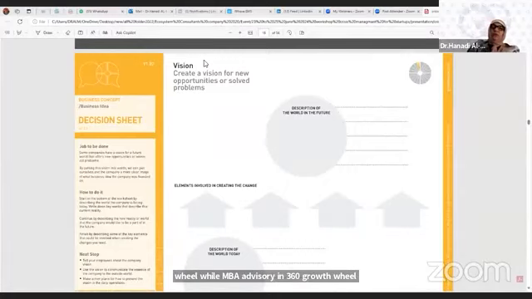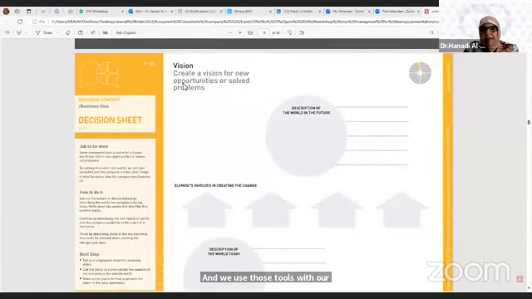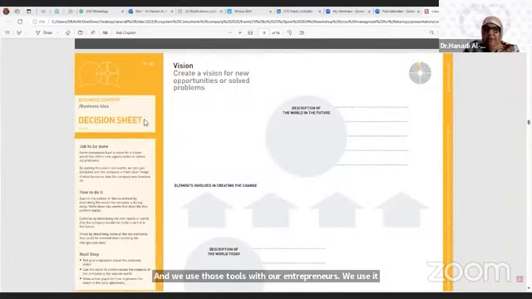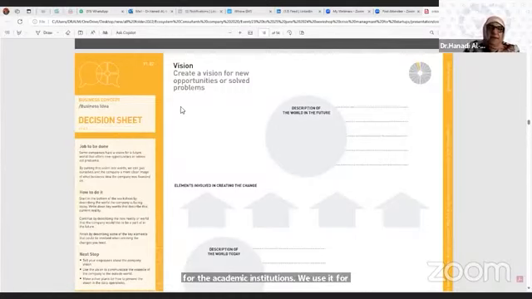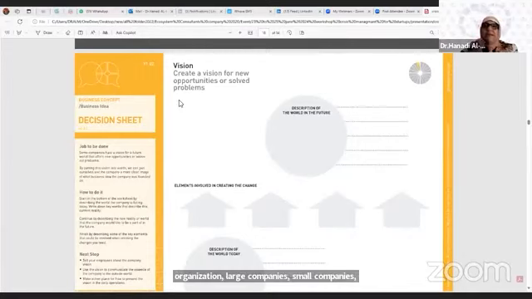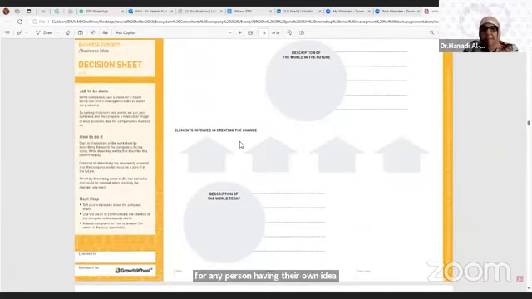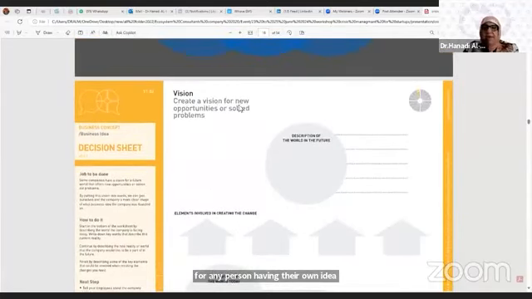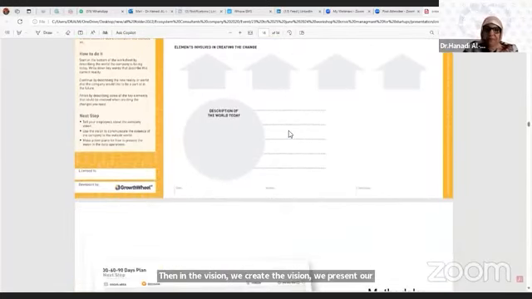We use those tools with our entrepreneurs, with academic institutions, and with organizations, large companies, small companies, startups, entrepreneurs, inventors, and any person having their own idea or business. Then in the vision, we present our opportunity and how we're solving the problems.